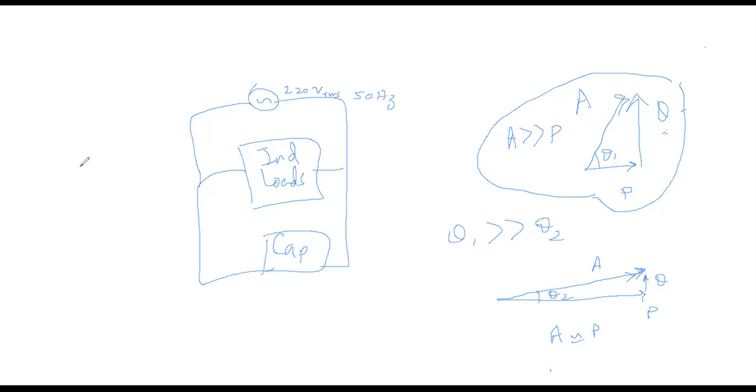And if I had attached the capacitor in series to this load, let's say I am using the capacitor as a power correction device, and these are my inductive loads, then you know that as per Kirchhoff's voltage law, the voltage sum in this loop will be equal to 220 volt RMS. That means part of this 220 will drop across the inductive load and part will drop across the capacitor. And then your load will not be getting 220 volt RMS.